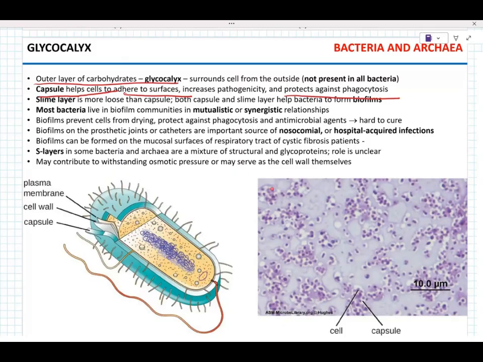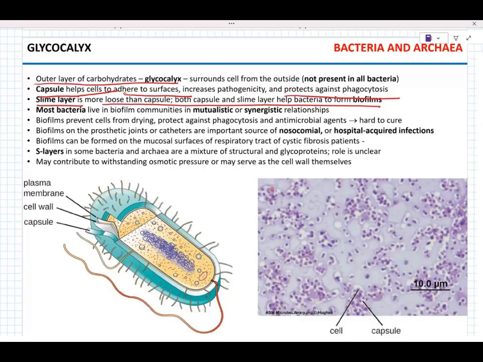A more loose version of glycocalyx is a slime layer. It doesn't protect bacteria from phagocytes, but it does increase the adhesion, facilitating the formation of biofilms on the surfaces.